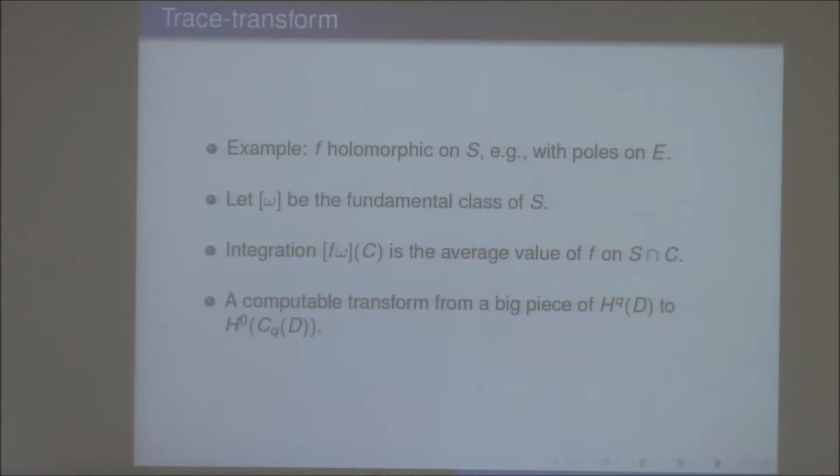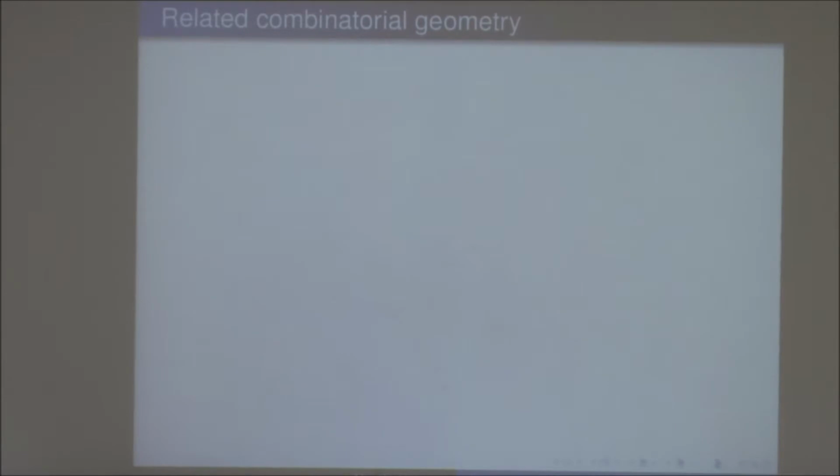So this is a computable transform which gives you a big piece of H^q realized in H^0 of the cycle space. And so I just wanted to mention what Anna did, and if you're interested in the details, her methods, in my opinion, are general, but it's very hard work, so it's only been done for the real forms of SL(n,C).